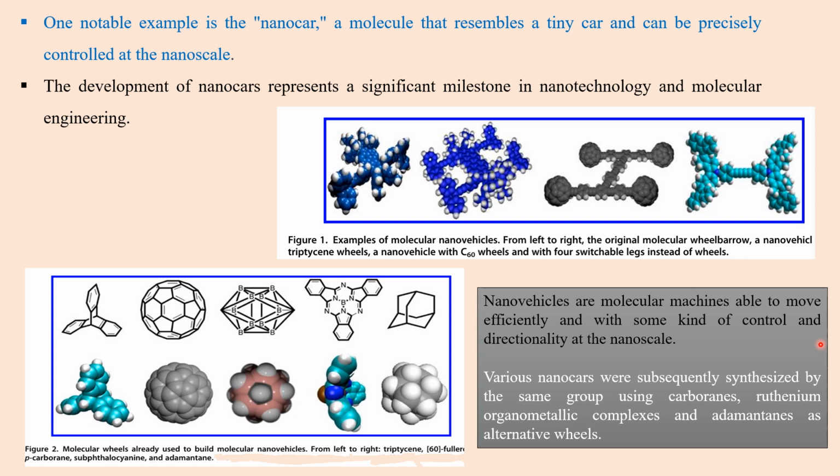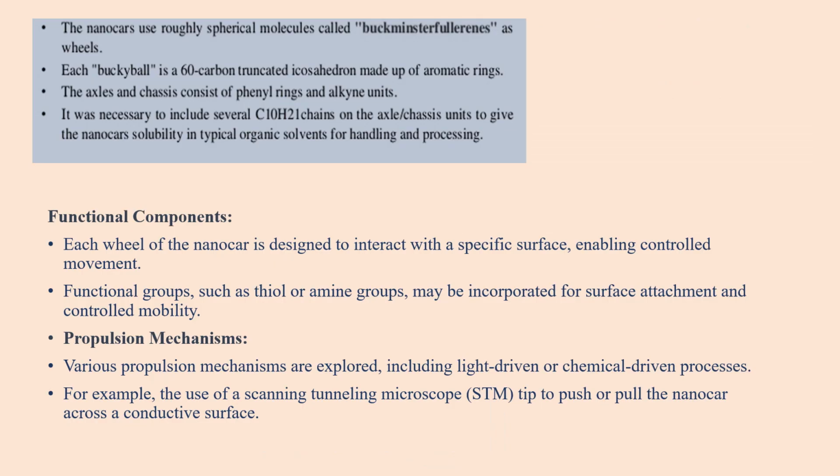And nanovehicles are molecular machines which are able to move efficiently with some kind of control and directionality at the nanoscale. Various nanocars were subsequently synthesized by the same group using carboranes, ruthenium organometallic complexes, and adamantanes as alternative wheels instead of fullerene wheels or any other wheels.